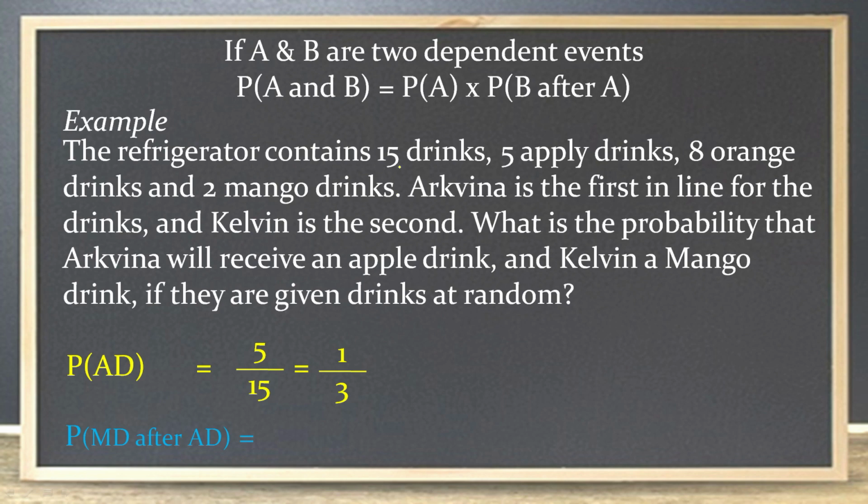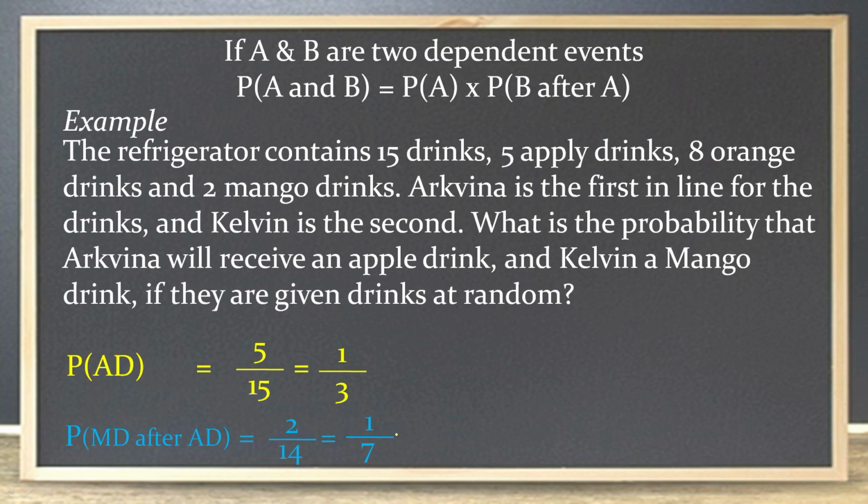So the total outcome has been reduced to 14. So we have now 2 divided by 14. And 2 into itself is 1 time. 2 into 14 is 7 times. So we have 1/7 as the probability for Kelvin receiving a mango drink after Avina has taken an apple drink.